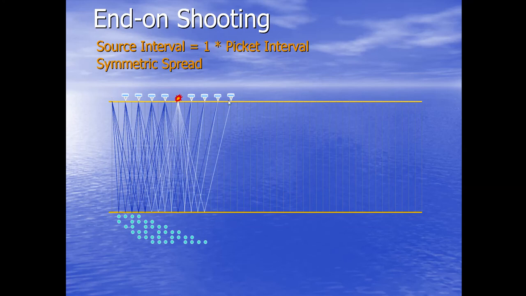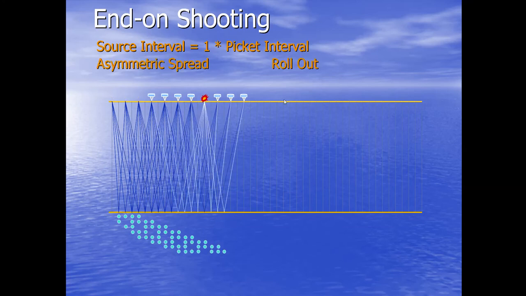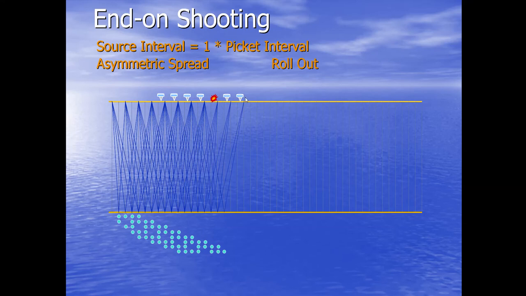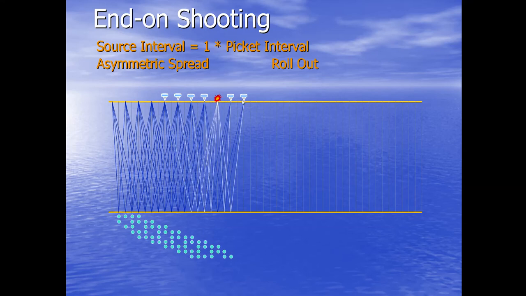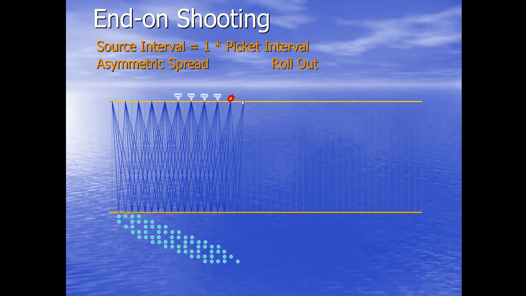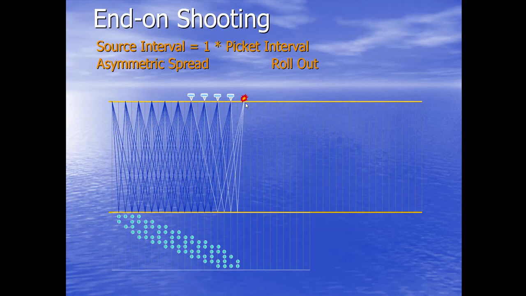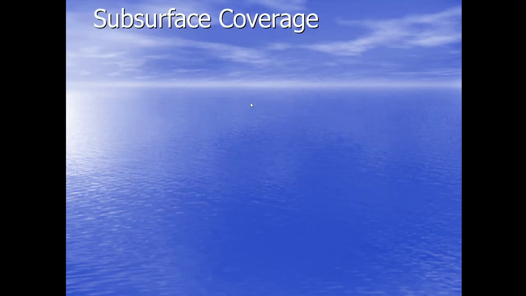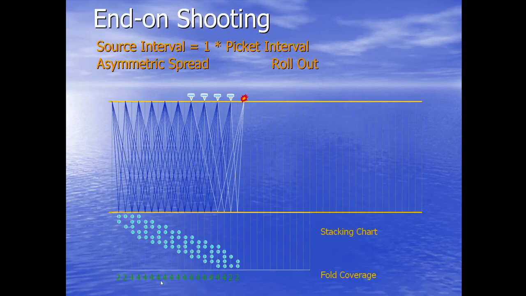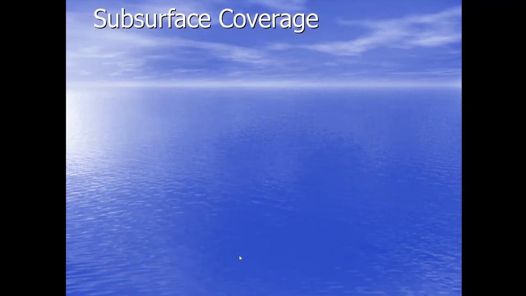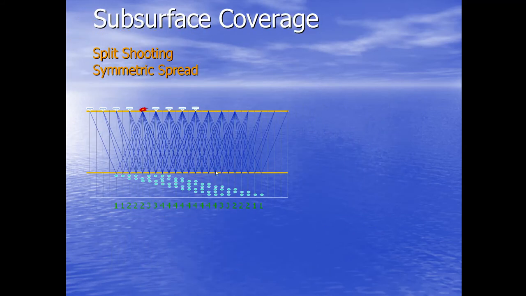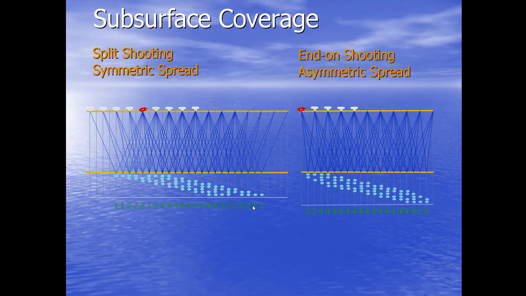Once we finish our survey from this side, we will remove our receivers from here, and our shooting will be here. In this case, our fold is maximum. Here you can see this is 4-fold data. In split spread shooting, it's a symmetric spread with 4-fold data.